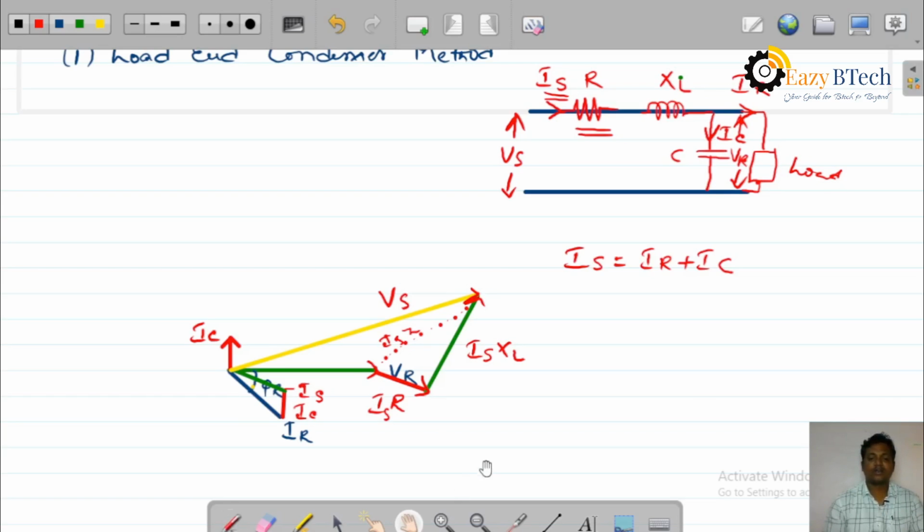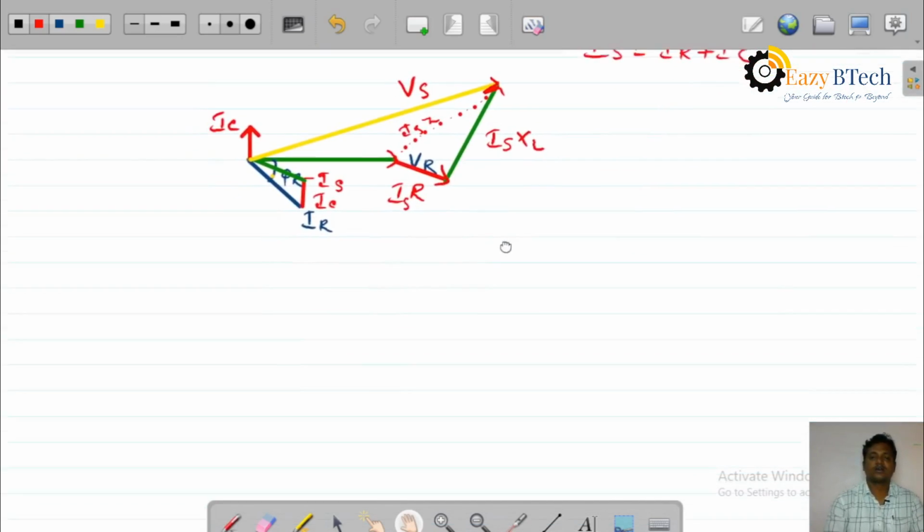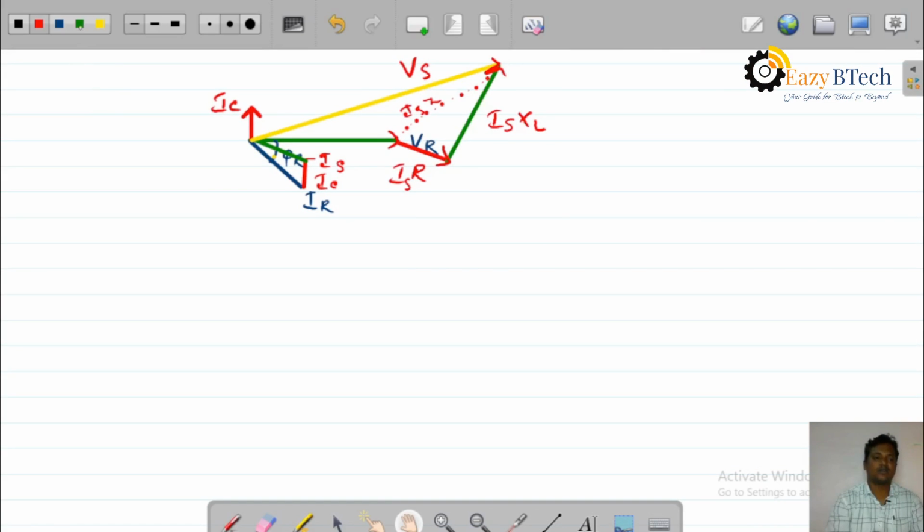From that, we will derive the expressions for sending end current and sending end voltage. First, I calculate the sending end current. Before going to that, I have to list what parameters there are in the medium transmission line. First, we have the resistance R in ohms per phase.